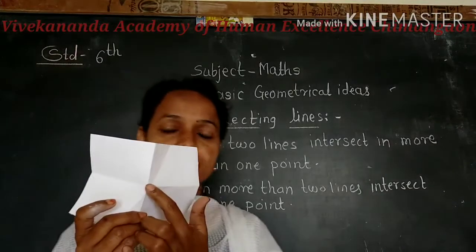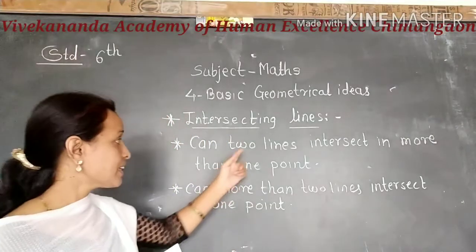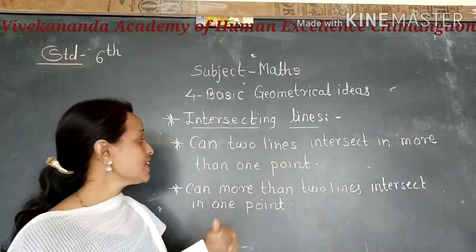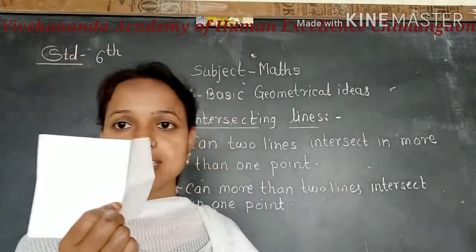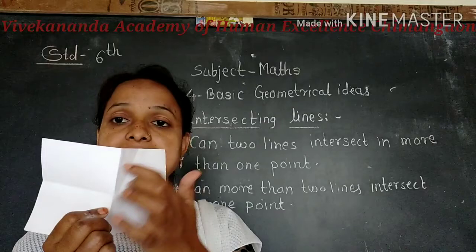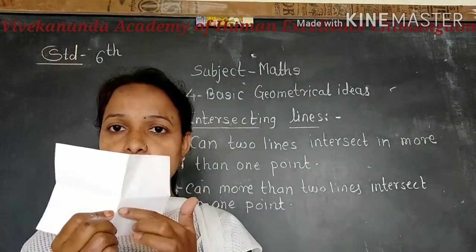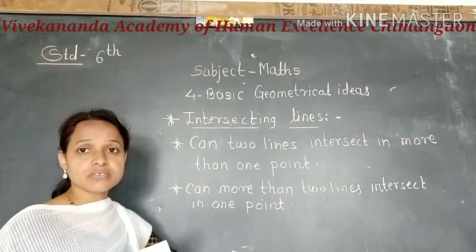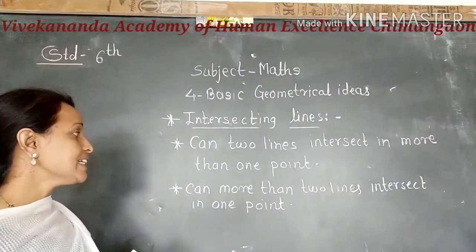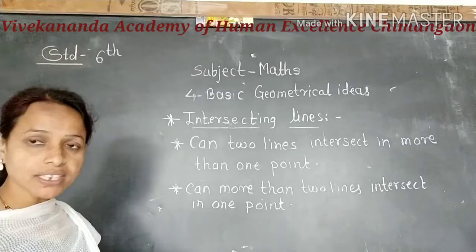Okay, so see, student, here the question asks: can two lines intersect in more than one point? By observing this folding of paper, do you see any other intersecting point? No. So what is the answer to this question? Can two lines intersect in more than one point?